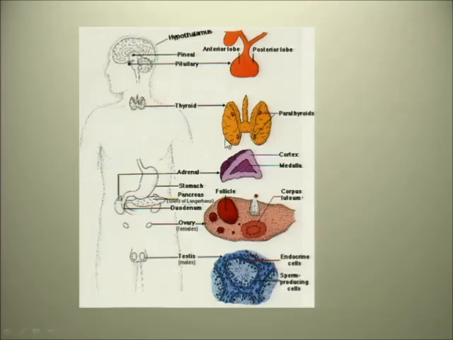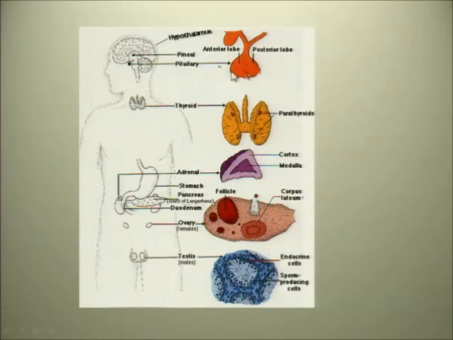So just to summarize then, we have the endocrine glands, that is ductless glands, that secrete hormones, and these hormones are chemical messengers that are transported in the blood, and they are organic, and they stimulate a target organ.